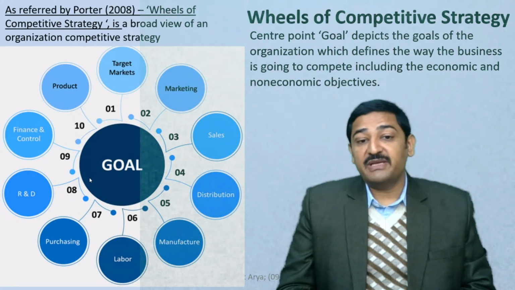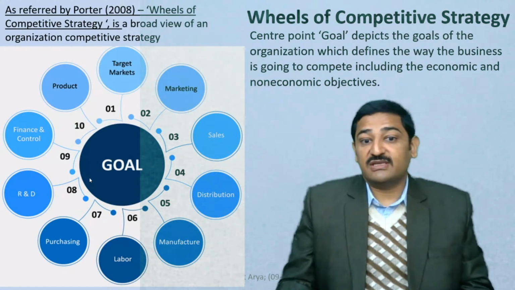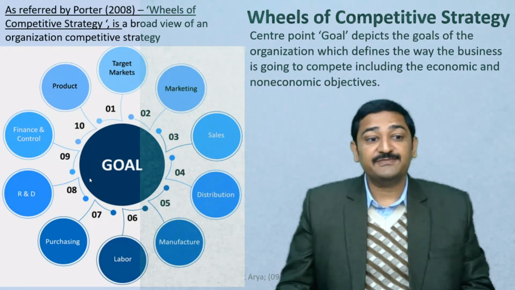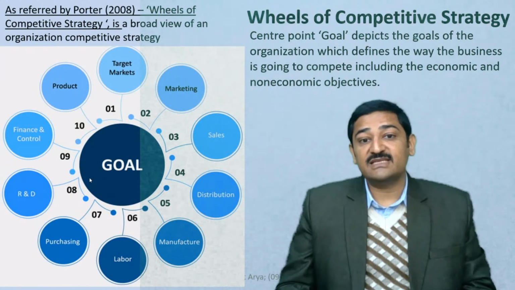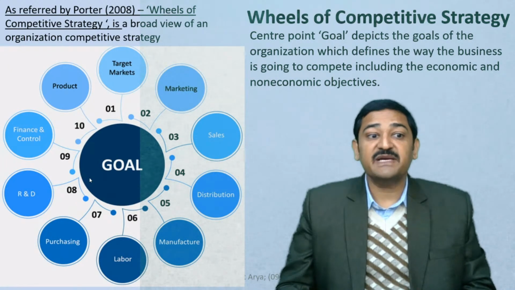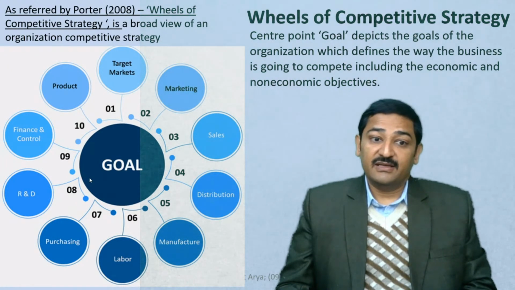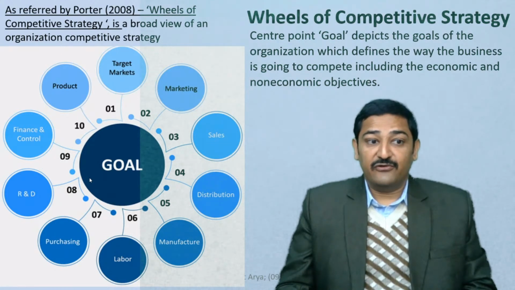Then the procurement of raw material or other aspects considered within purchasing, and research and development for the betterment of the existing services or products come under this particular aspect. Then finance and control as the key for utilizing the resources.